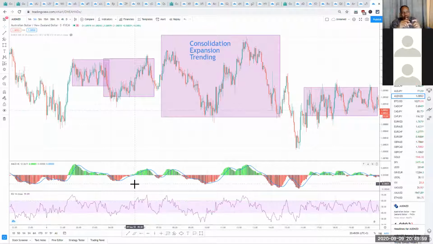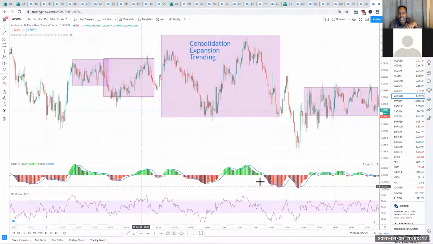An oscillator is an indicator that has a specific range of its movement. For example, I think the MACD is an oscillator that ranges from 1 to -1, and it oscillates around 0, okay?